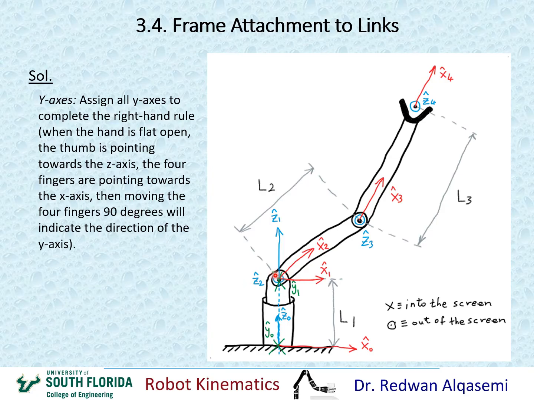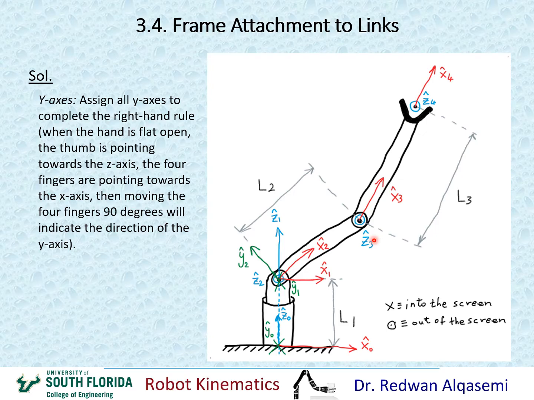Again, I'm going to put my thumb in the direction of z2, and z2 is coming out of the screen. So my thumb is going out of the screen, and then my four fingers are pointing towards x2 here. Okay, if I move my four fingers 90 degrees, that would move from here into here, and that will be pointing towards my y2 axis. Okay, so my y2 axis will start from here and go in this direction.